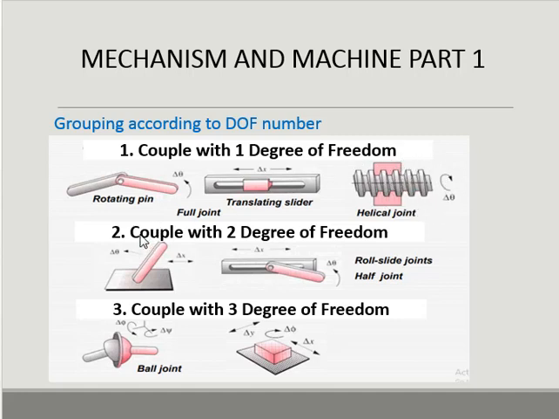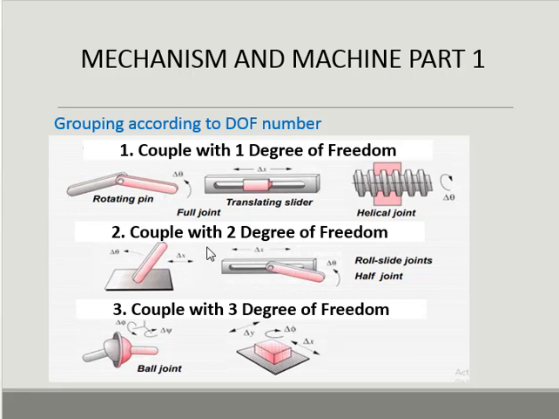And the second classifier is coupled with 2 degrees of freedom like this. The first picture, we can look at 1 axis, x-axis motion and rotation motion. This has 2 degrees of freedom, rotation and linear motion.